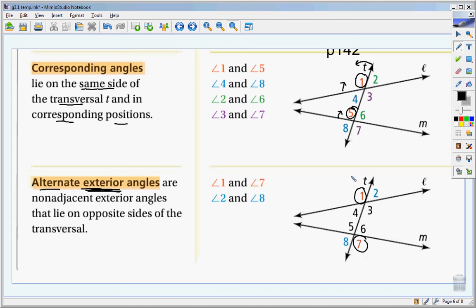They're both on the outside, but they're on alternate sides of the transversal, so they're alternate exterior angles. Likewise, so are 2 and 8. Not 1 and 2, although they're on alternate sides, they are adjacent and they have to be non-adjacent angles.